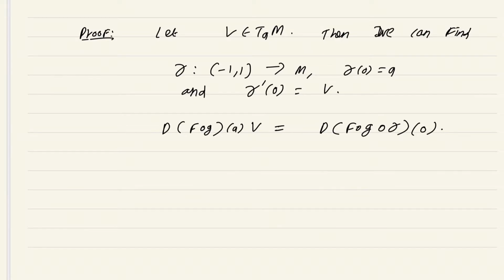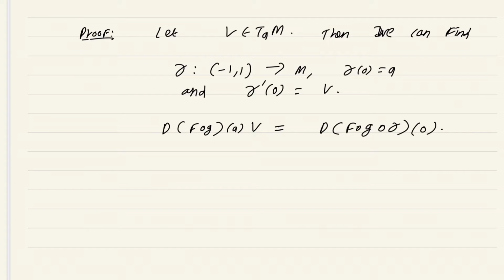So F composed with G composed with gamma is going to give you a curve in the manifold P such that at 0 it takes the value F composed with G at A. The velocity vector of this curve is nothing but the push forward under the derivative map of the tangent vector V. Okay, so this is the second exercise that I had left for you previously. If you have not solved this, please solve this also. Don't take it for granted.